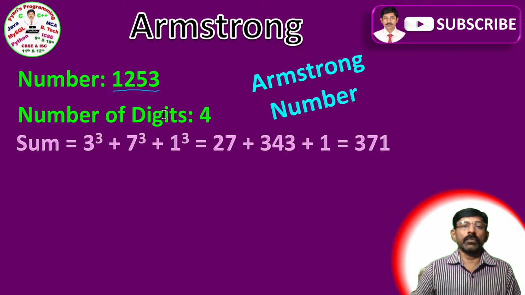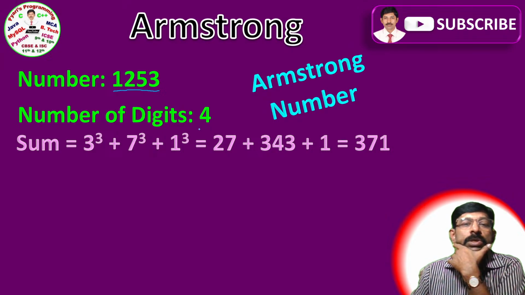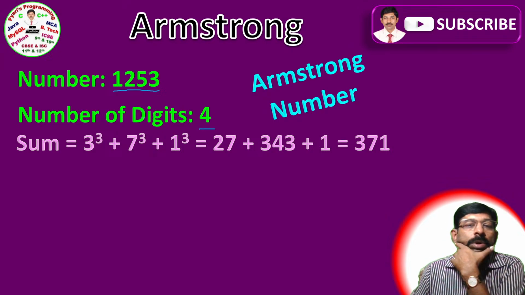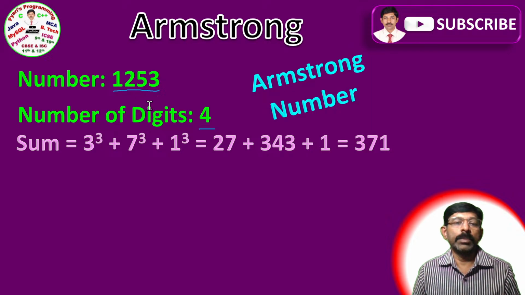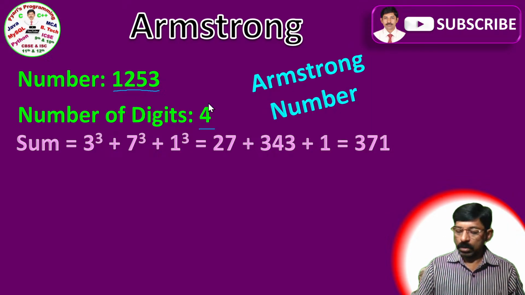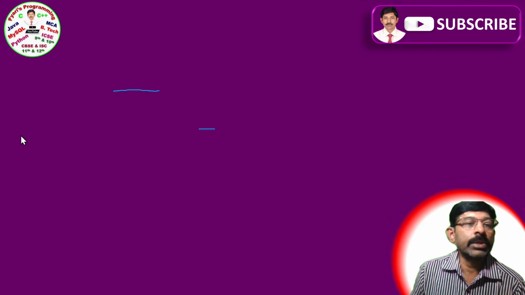First of all we have taken this one, and the number of digits is 4. So that's why it is the wrong one. It should be 371. Let me change. This is 371. This is 3 digits. This is a copy-paste problem.